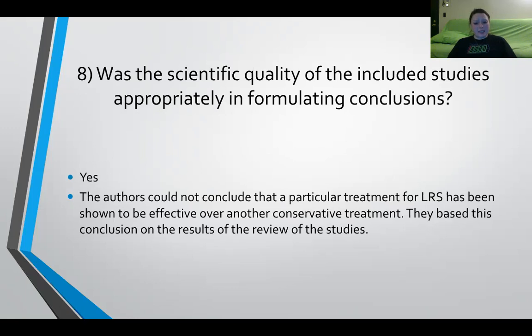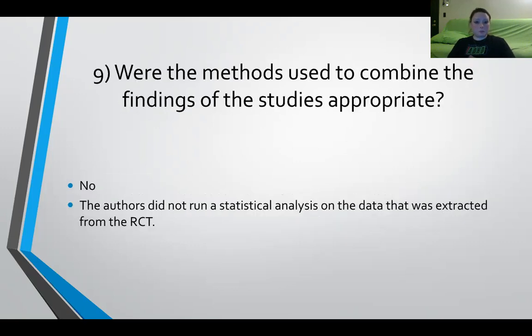I said yes, but the conclusion of the article was that there was no conclusion. There was no clear-cut winner for conservative treatment of what was better and what wasn't. They stated that there was no particular treatment that was more effective. So their conclusion was based off of the results of the randomized control trials.